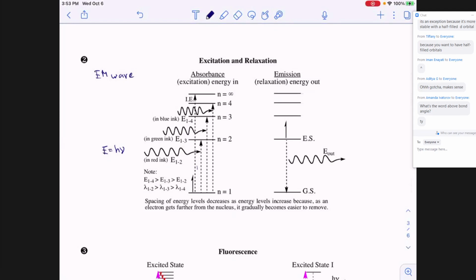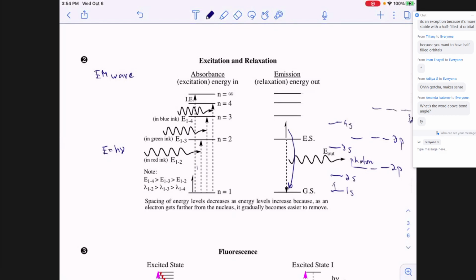When that electron relaxes and falls back down to what we call ground state, it's going to give off a photon of energy, which we have as a light colored emission. Remember when we talked about that electron from the ground state at the first energy level, the 1s, it could jump to the 2s, it could jump to the 2p, the 3s, 3p, so on and so forth, 4s, 3d.